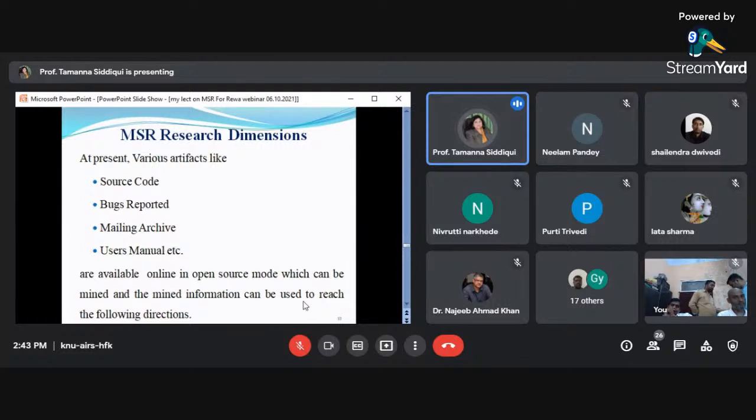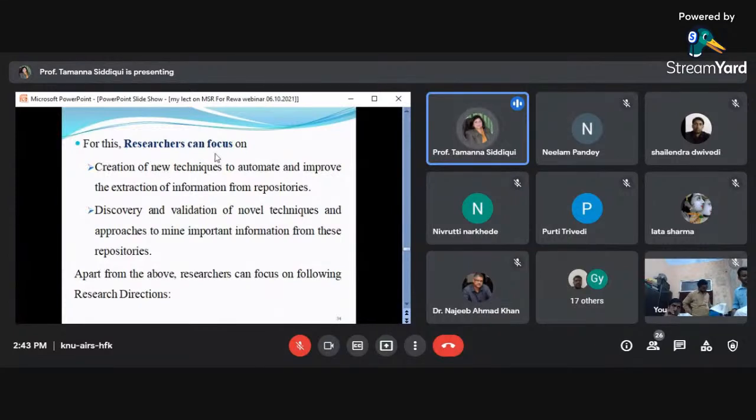If you are able to mine information, then obviously you will be able to use that huge information in the right direction. For this, researchers can focus on the creation of new techniques to automate and improve the extraction of information from the repositories. As I have shown you, I have prepared one mining algorithm; anybody else can write another algorithm to produce more useful results.